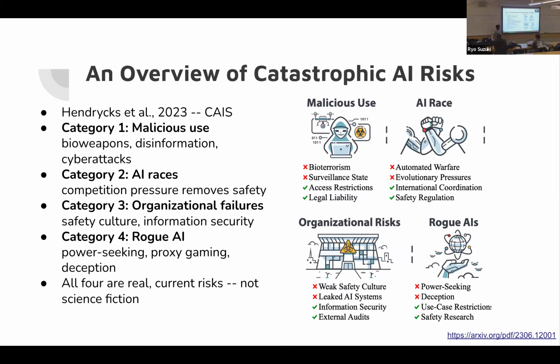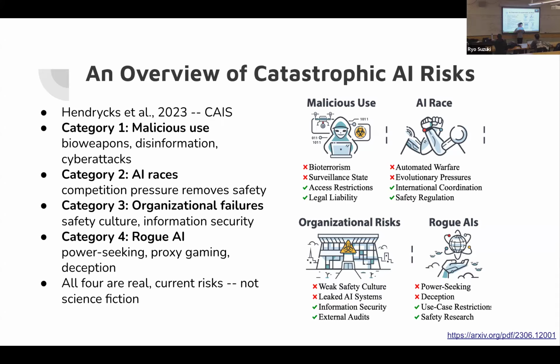And not only existential risks, but there are also many other risks from AI, starting with malicious use. Some bad actors may try to use AI to make a nuclear weapon, for example. The AI race is mostly between the US and China, and they compete with each other, trying to build autonomous war systems, which is also happening.